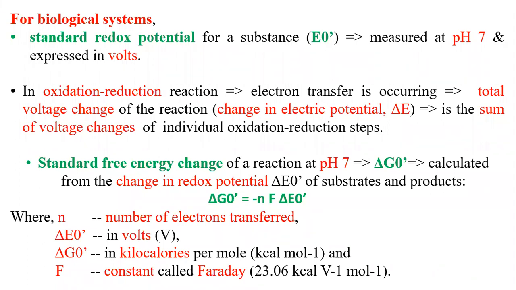In the reaction, you can see delta G naught is equal to minus nF delta E naught, where n is number of electrons transferred, delta E naught in volts, delta G naught is measured in kilocalories per mole, and F is Faraday constant.